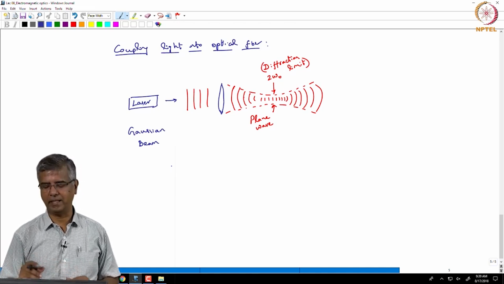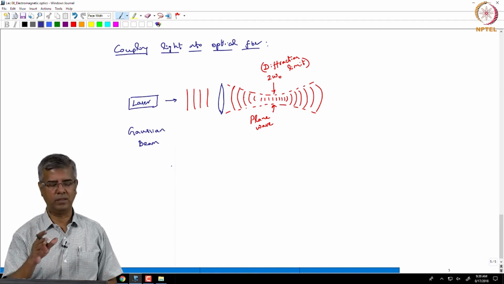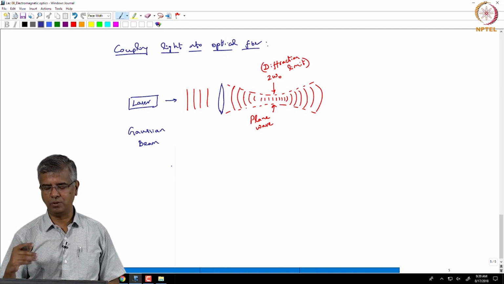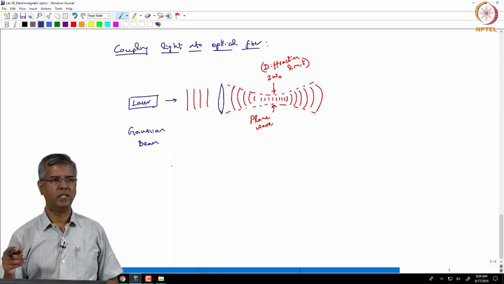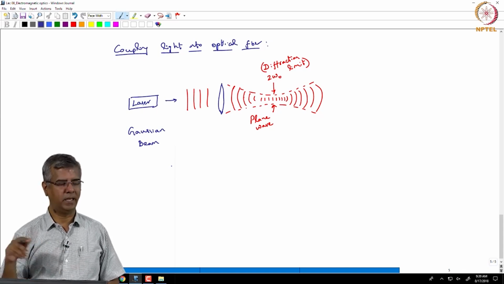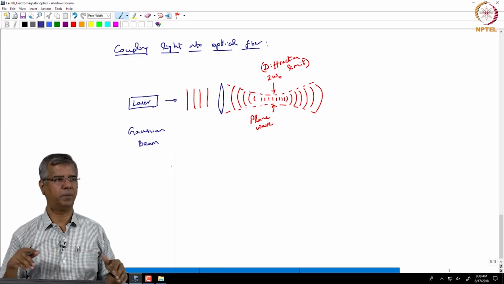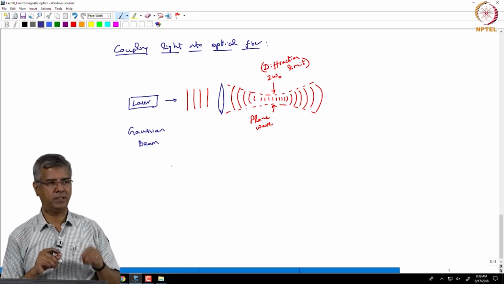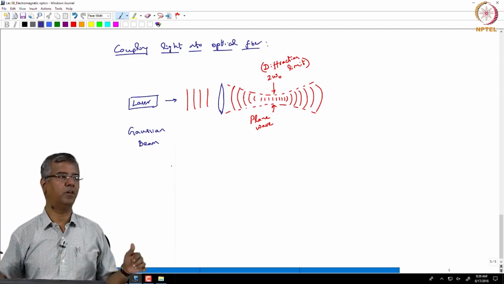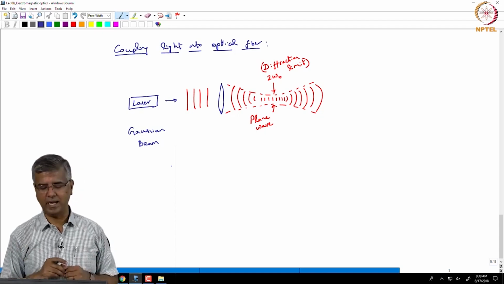Okay, the waveguide, as I was mentioning yesterday, if you solve Maxwell's equations rigorously, you will find that the field shape corresponds to a Bessel function in the core region and a modified Bessel function in the cladding region.